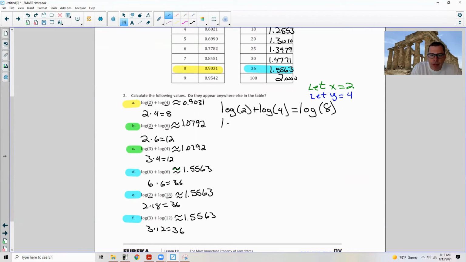So now we have the log of 2, which is x, plus the log of 4, which we let equal y.